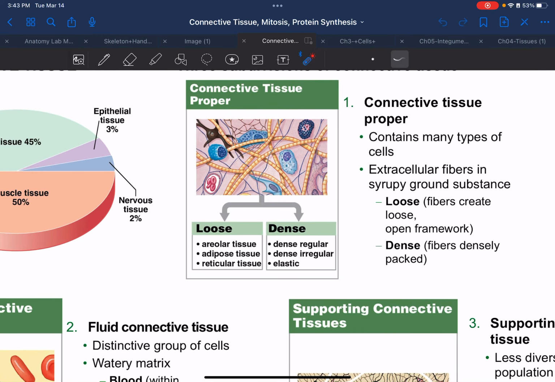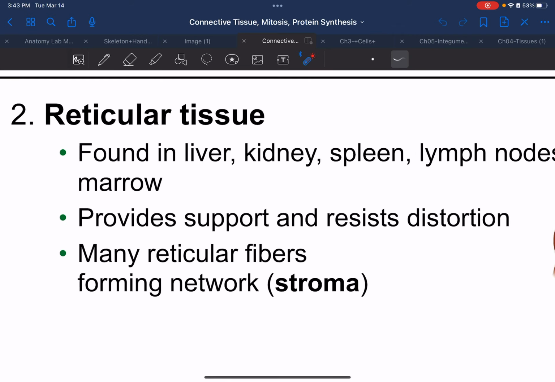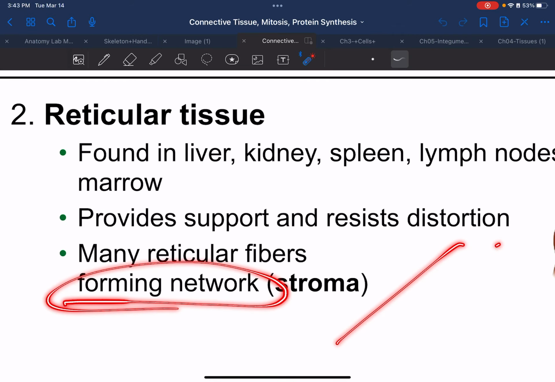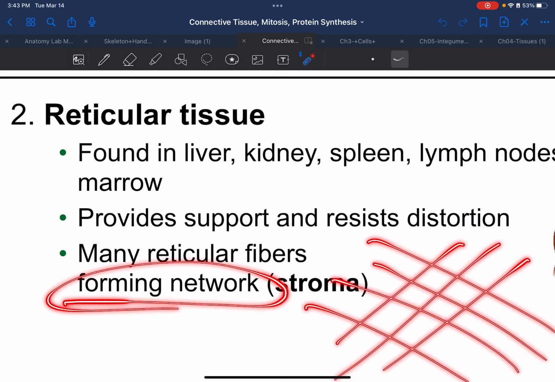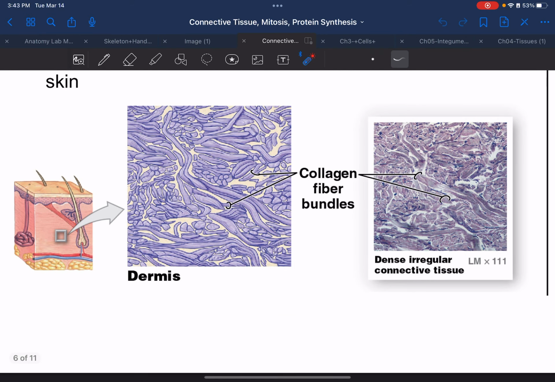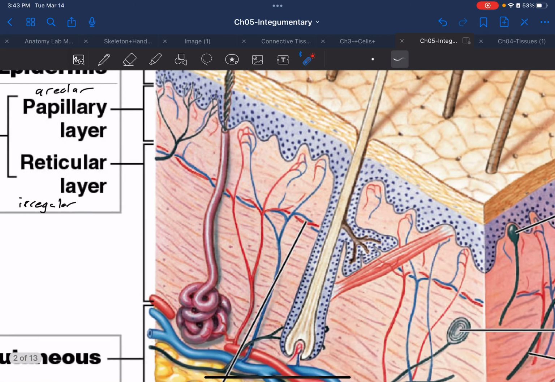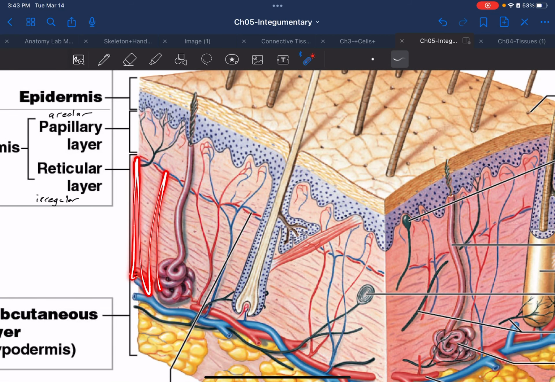Why you see the word reticular is that it is a descriptive word to mean a network, something that forms a net like a fishing net. And so stroma was the word to imply that very thing. The word reticular implies net-like, and the reticular layer happens to be a net of material.